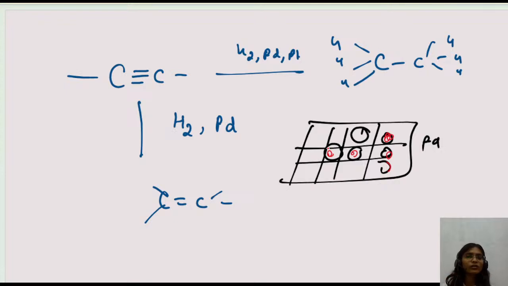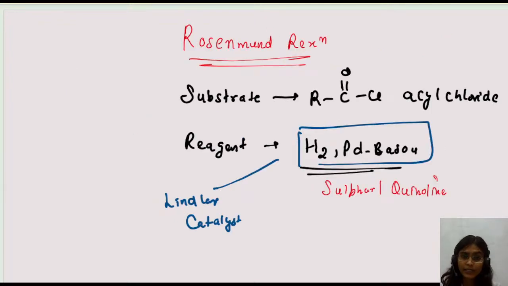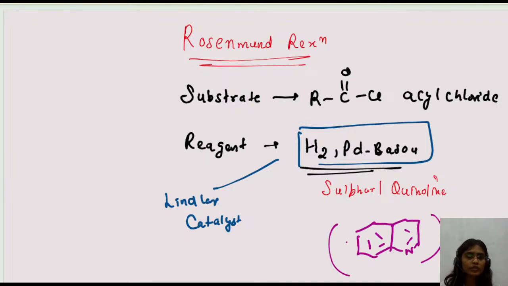That sulfur blocks those points, and that is the poison. You can use sulfur or quinoline. What is quinoline? Quinoline is a heterocyclic compound, like two benzene rings connected with one another, with nitrogen connected here. So this is quinoline, or any sulfur thing you can use there. Okay, so let's go back to what we were discussing.